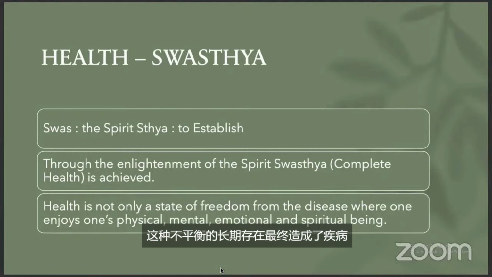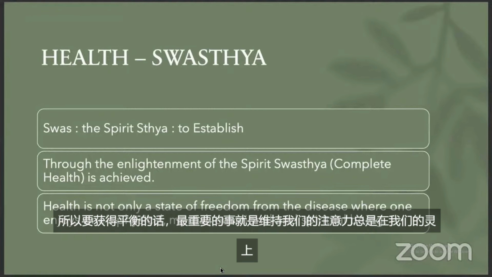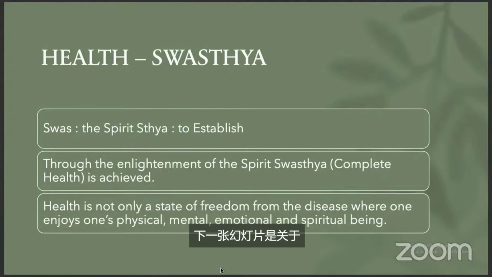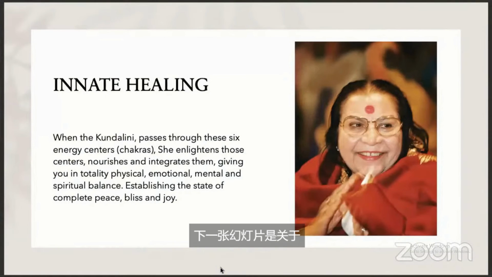Then the imbalance starts and goes on for a long time, then it creates a disease. So to bring it back into balance, the important thing is to maintain our attention on our spirit. So the next slide is regarding this.